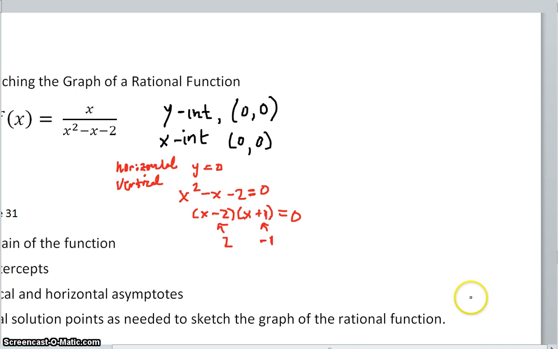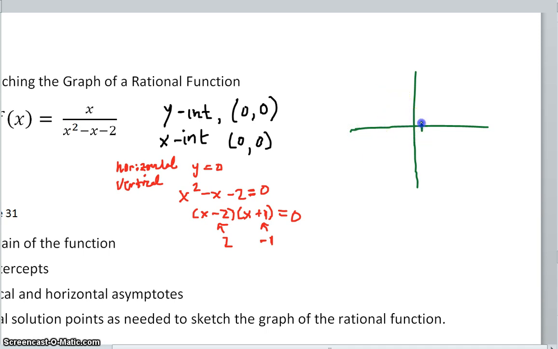So from a graphing standpoint, what this should look like, and some of these pen marks may disappear because I haven't figured out how to deal with that with this program yet. So we have the fact that it's going to follow the x-axis.